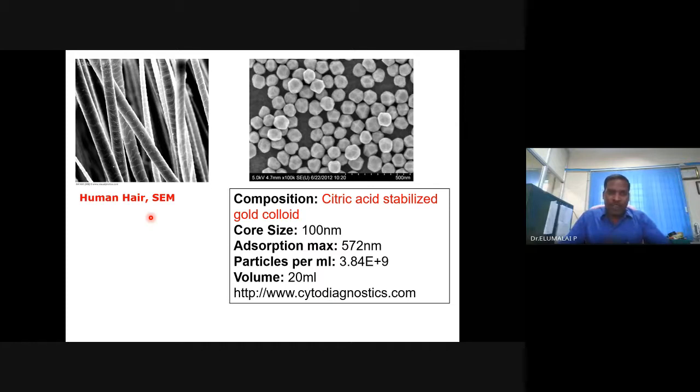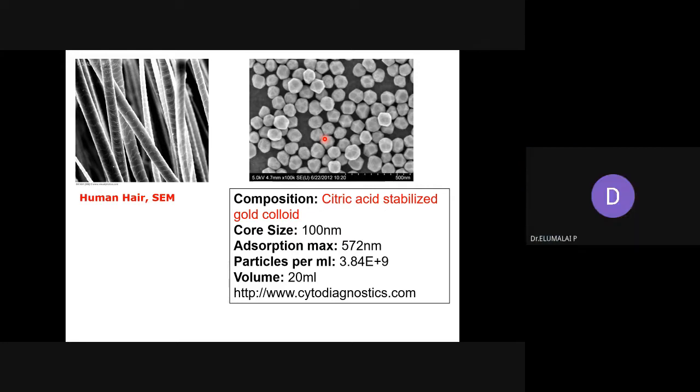The human hair, as visualized from an electron microscope, would look like this. Few microns thickness. Maybe the length may be different depending on the human. And this is the morphology that you can get if you make nanostructured gold colloids.